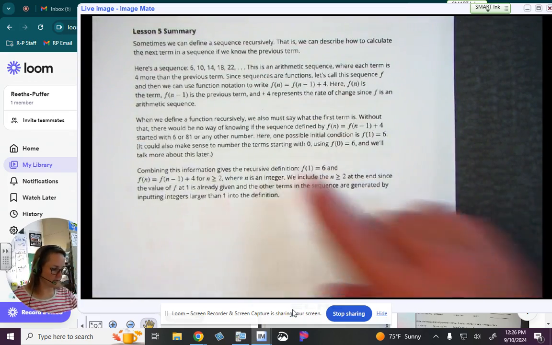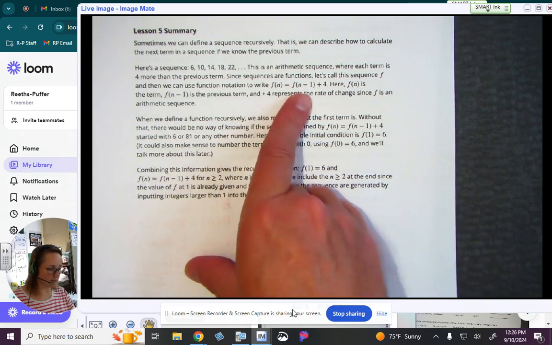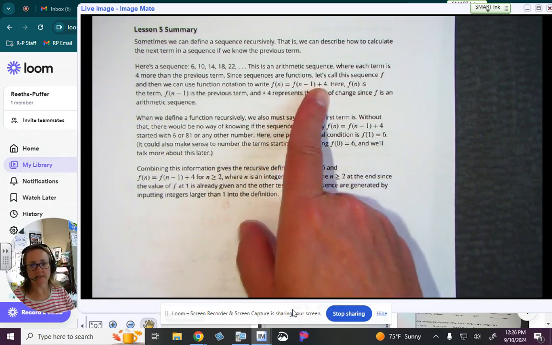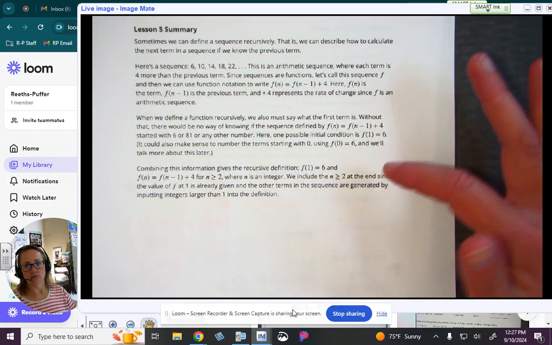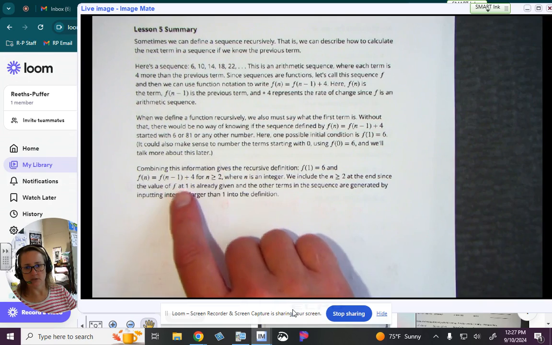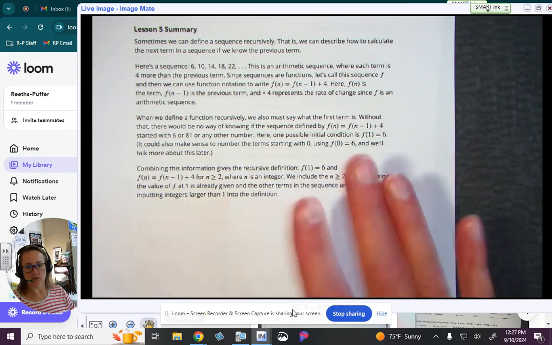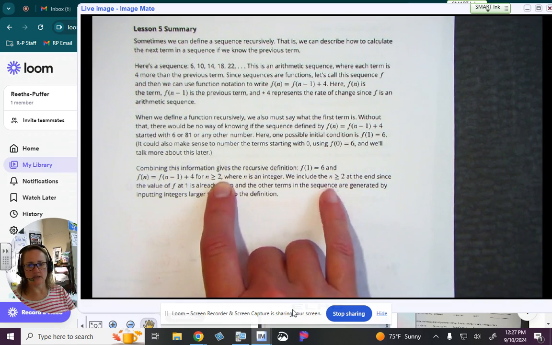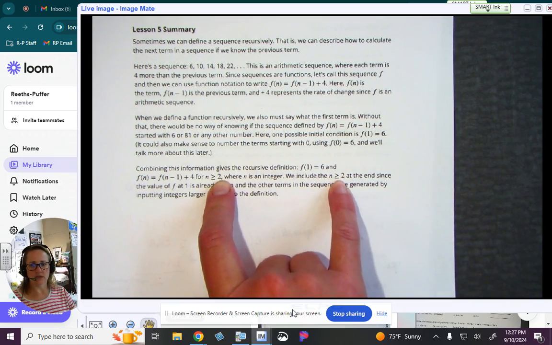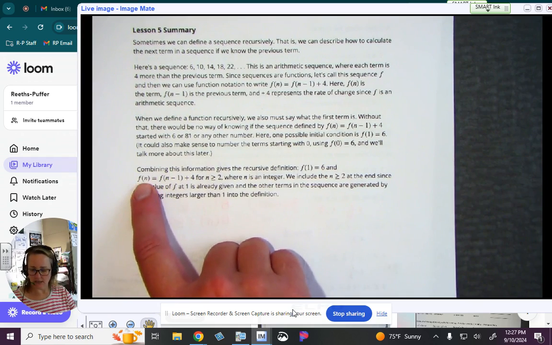There's our summary. They start talking about how we can find the n minus 1 term and how we can tell that this is an arithmetic sequence if we've got addition. If we've got multiplication, there's some other stuff going on here. So they tack this n greater than or equal to 2 on at the end, because you can't use your prior term until you have the first term.